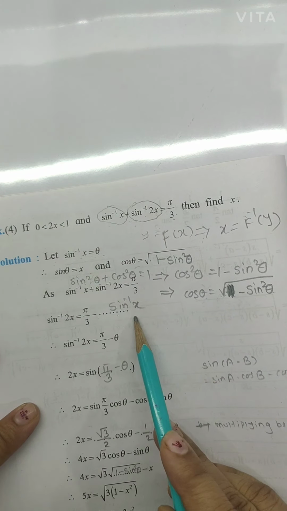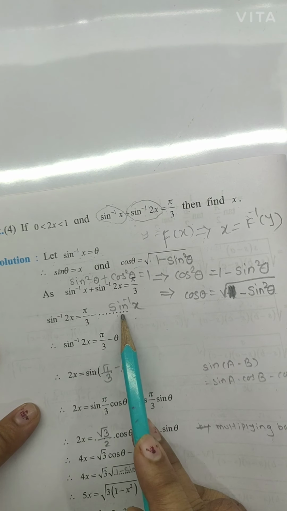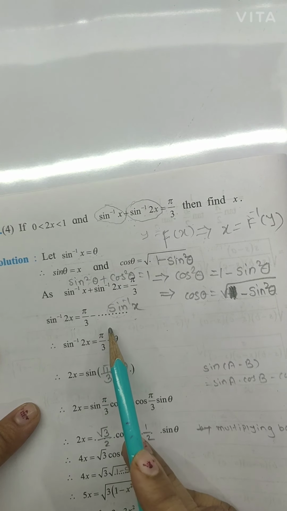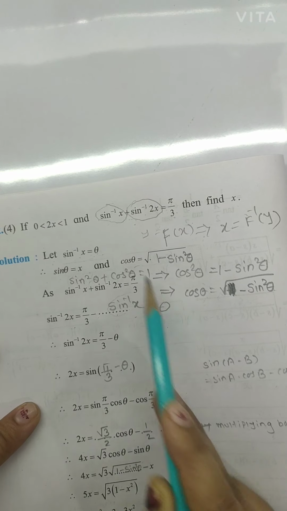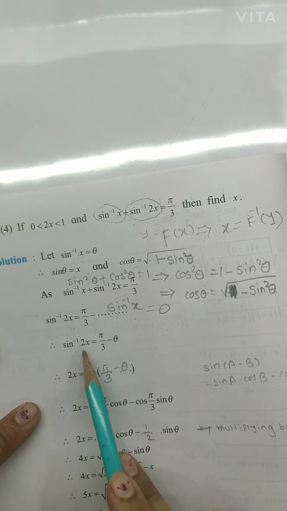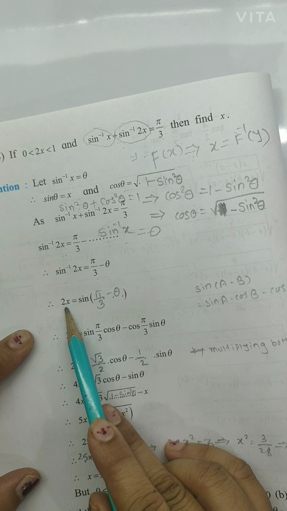Yes, I can. So by using this, substitute your value sin inverse x, which equals theta, from this one. So sin inverse 2x is equal to pi by 3 minus theta. 2x, this one.